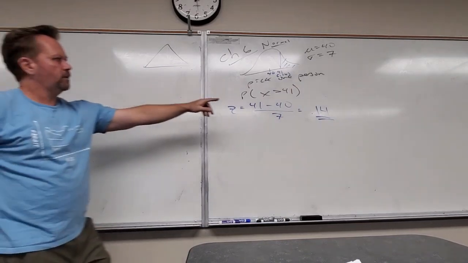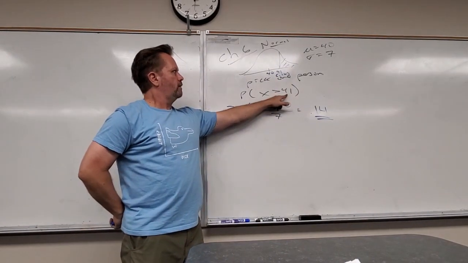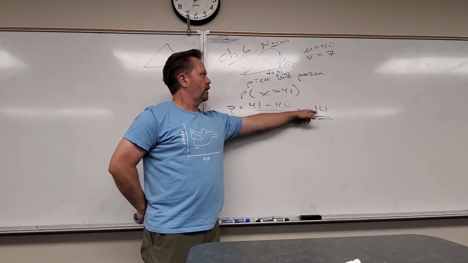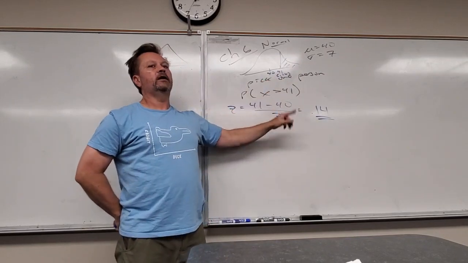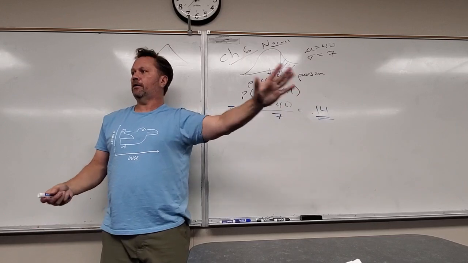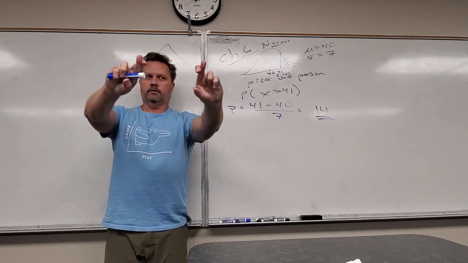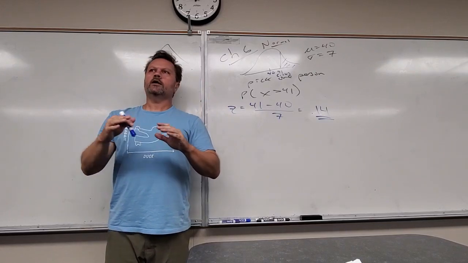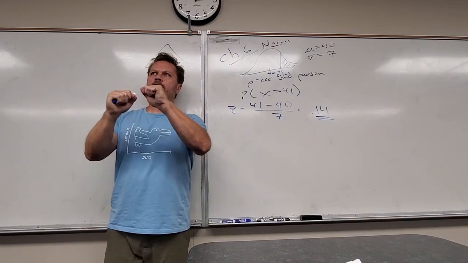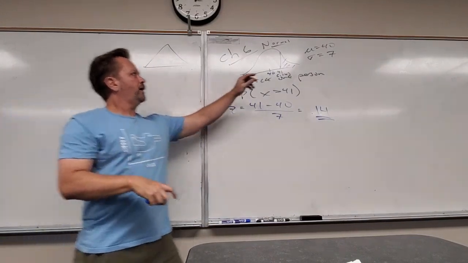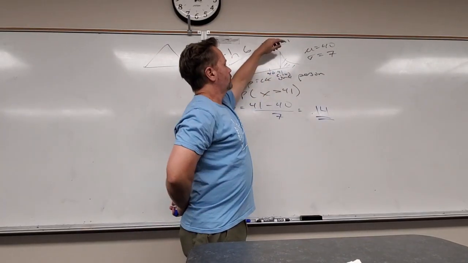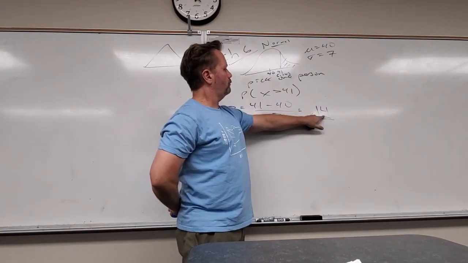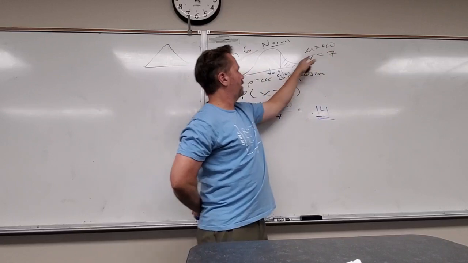So this means 41 is 0.14 standard deviations away from the mean. And again, above the mean would be even better. You guys doing okay? All right. Which, again, this means 0.14 of these plus 40 equals 41.